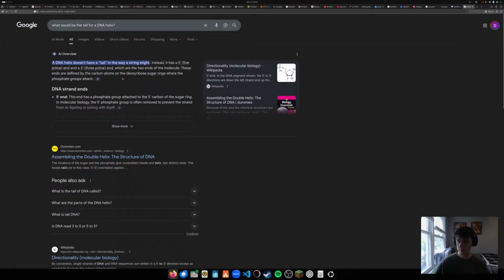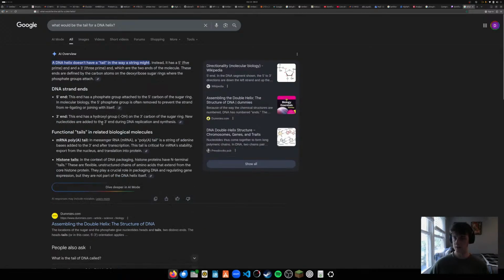The tail, you have a 5', 3', two ends to the molecule. These ends are defined by carbon atoms on the phosphate groups attached.